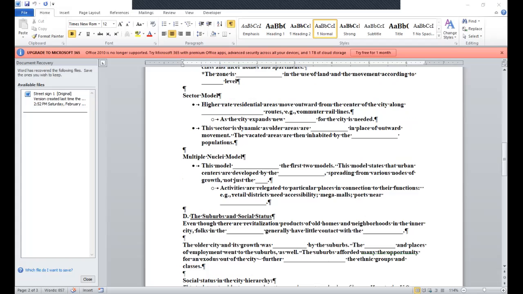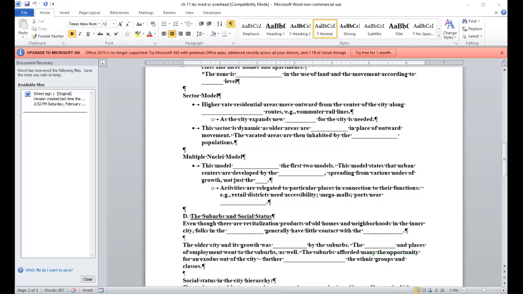Even though there are these revitalization projects of old homes and neighborhoods in the inner city, folks in the suburbs generally have little contact with the central city.